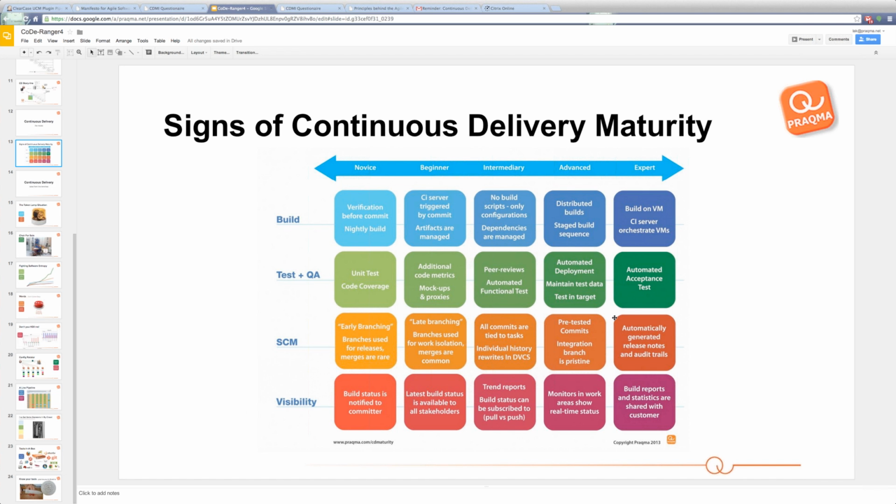Great. Another question was, how long will it take to implement continuous delivery? Well, this is actually one of the things that this model is supposed to help you with, because that's answered by a counter question.